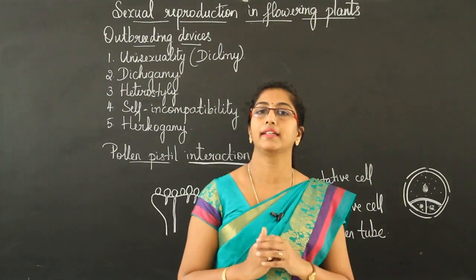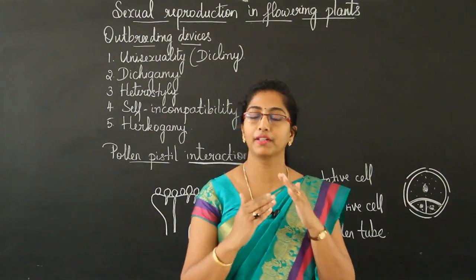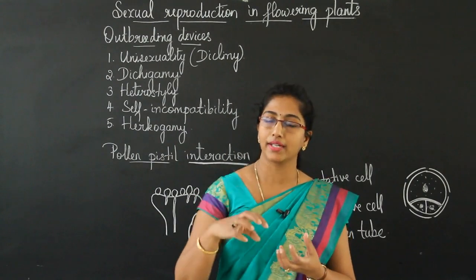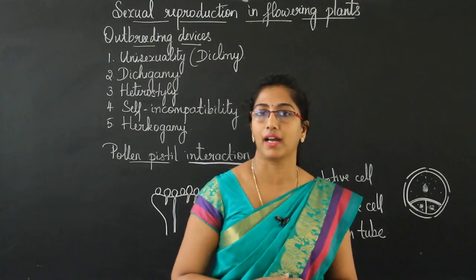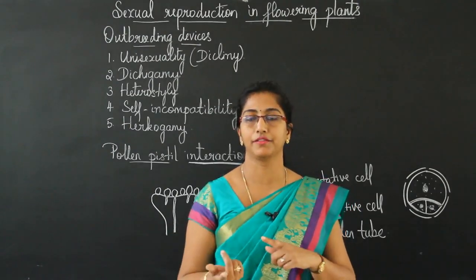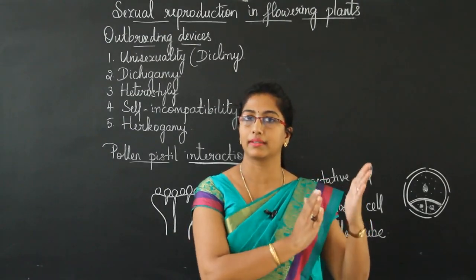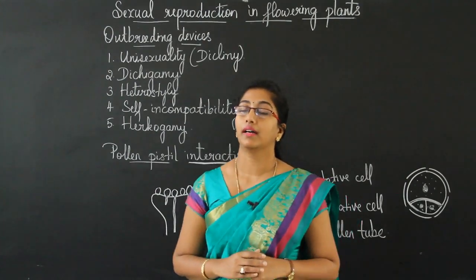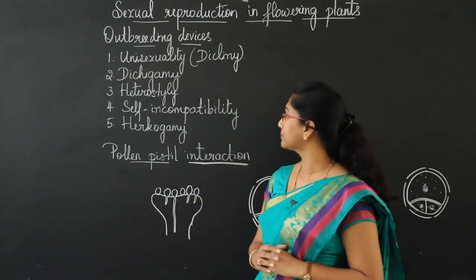This is one technique where the plant can prevent autogamy. Even though it's a bisexual flower, with androecium and gynoecium present in the flower, the androecium matures at a different time and the gynoecium matures at a different time. By this the plant can avoid autogamy.